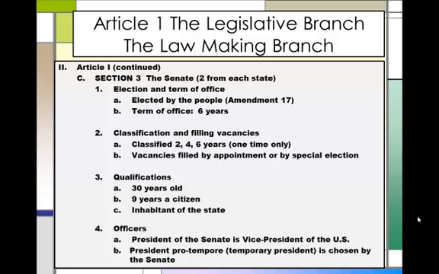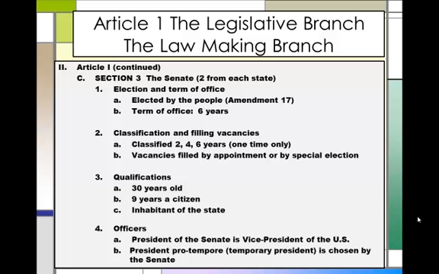Remember that the vice president is the president of the Senate. And when he's not able to be there, that's when they have the president pro tempore, or the temporary president, who is chosen by the Senate, take over. This house is based on equality. There are 2 from each state.